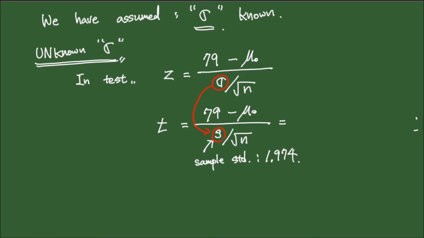So my test statistic for the testing will be 79 minus, again, 90, the imaginary mu which came from his opinion, with the sample standard deviation 1.974 divided by the square root of the same number of observations, 20. And if you calculate that number, what value do we have?